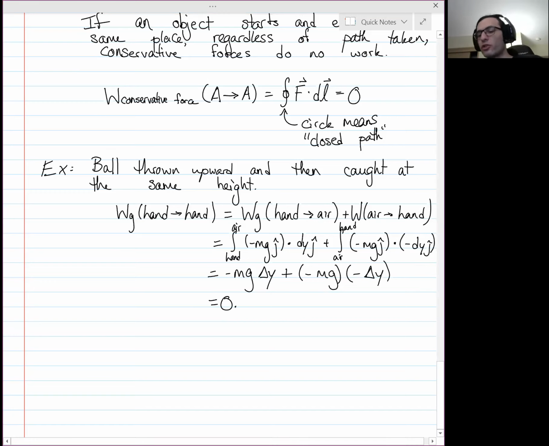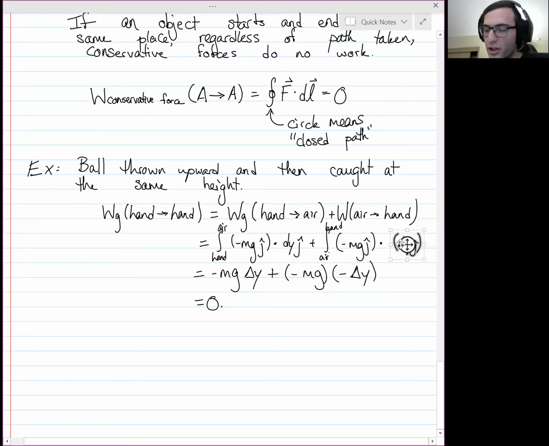You could work this out more explicitly if you really wanted to, but it's just a matter of being precise. This should actually be a plus here. There's an issue regarding the coordinate system that I've chosen, with regard to height, basically. Yeah, so that should actually be a plus, but the path goes backwards.